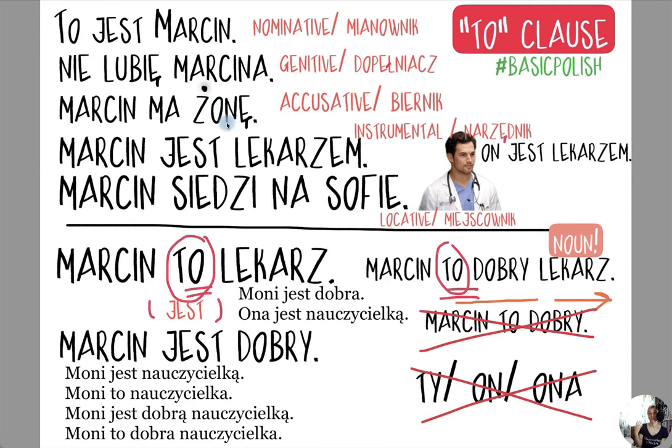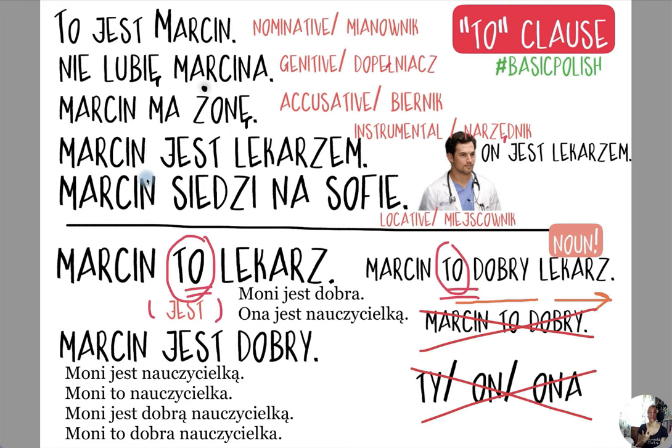Żona is a feminine noun, and feminine nouns in accusative that end in a get the letter ę. Again, we've got a separate lesson on the accusative case. Check it out. It's there. So Marcin ma żonę, right? So żona becomes żonę. Accusative. Biernik in Polish.